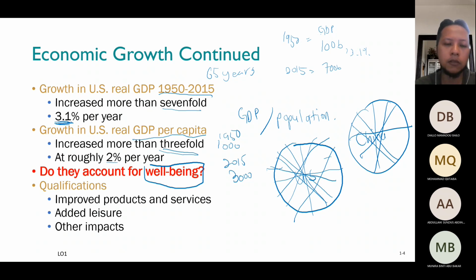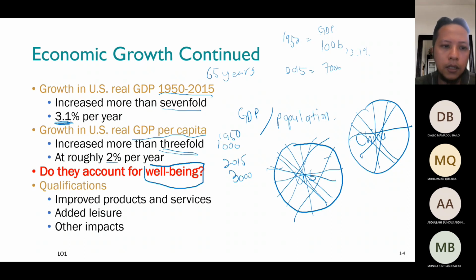However, it may not translate to the well-being of the citizens in the country. Okay, so therefore, although the GDP has increased, you have to also include other aspects that may not be captured by GDP, right?